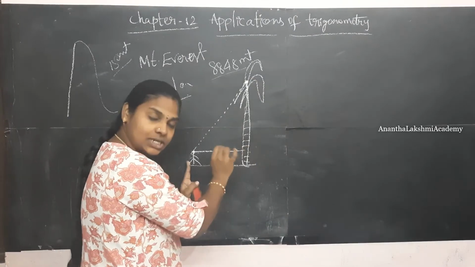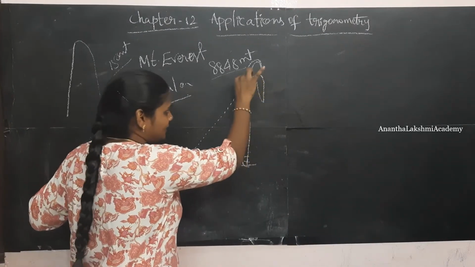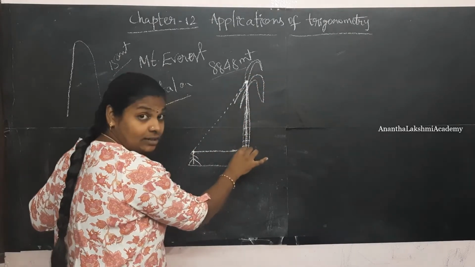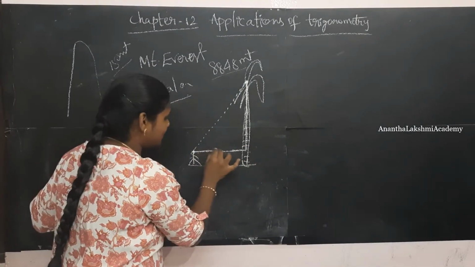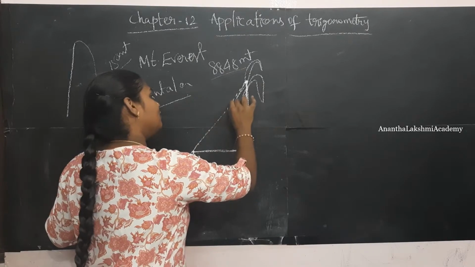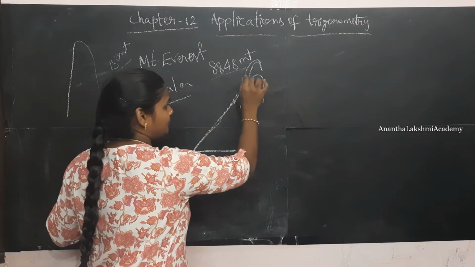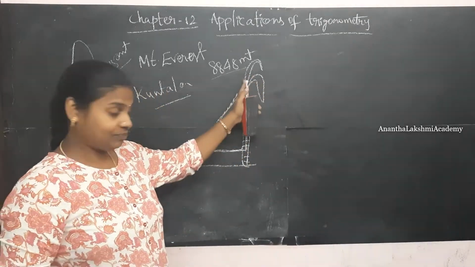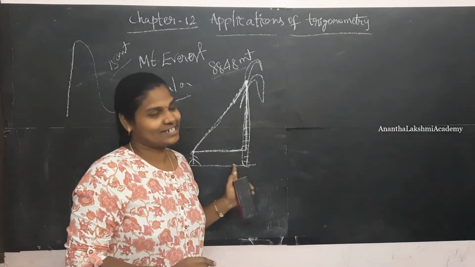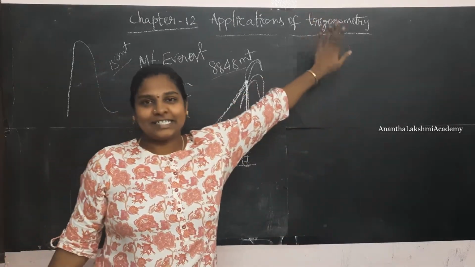If I join all three dots, this line on the palm tree, this horizontal line from her eye, and this line from her eye to the topmost point of the tree form what kind of a triangle? A right angle triangle. Whenever I say right angle triangle, here comes our master, trigonometry.